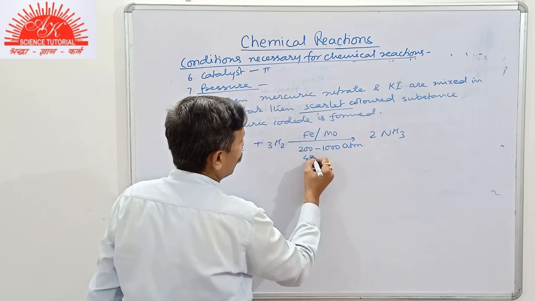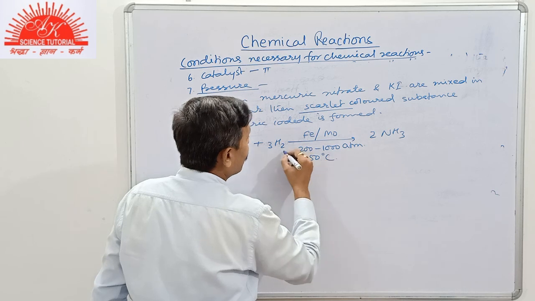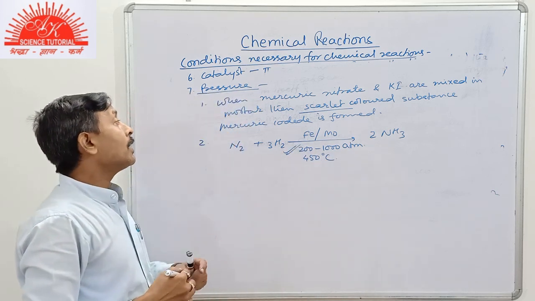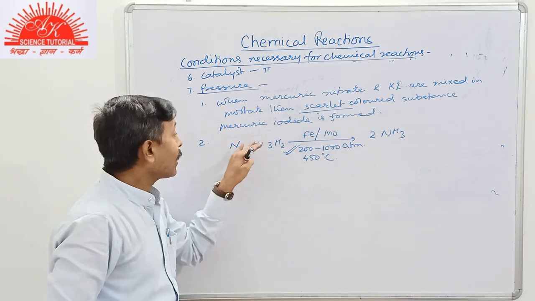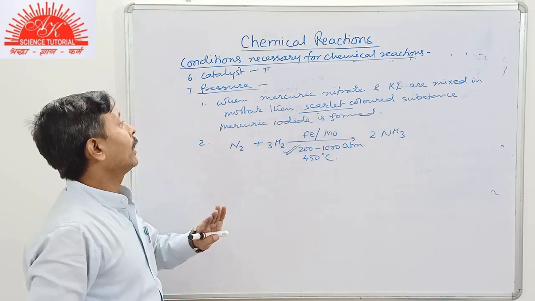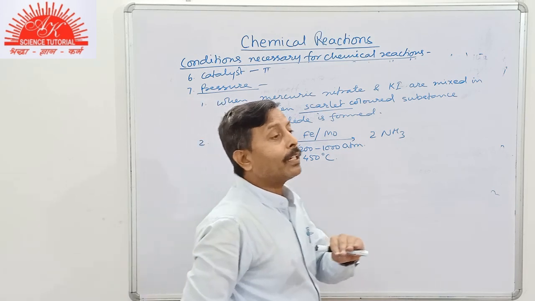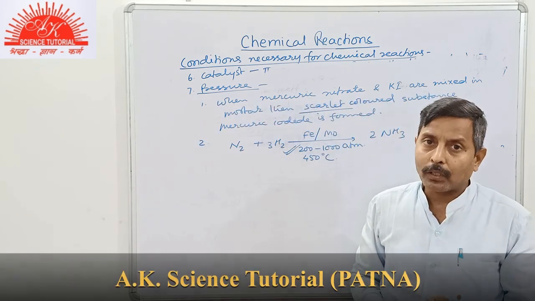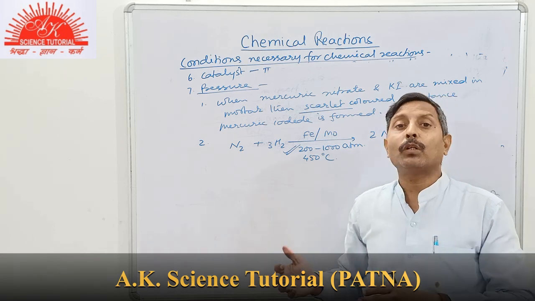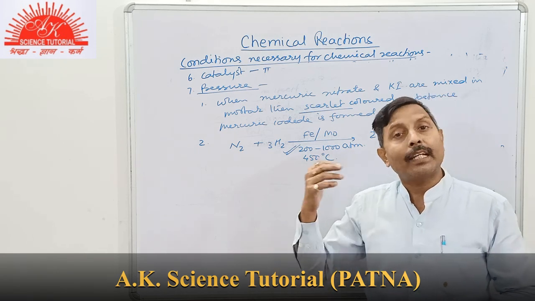Again, temperature is also required here, but this is the condition where pressure is required for the reaction to take place. If we do not apply pressure here, the reaction will not take place. So these were the 7 conditions required for a chemical reaction to take place. Clear, student? Now in the next part we will study chemical equations.